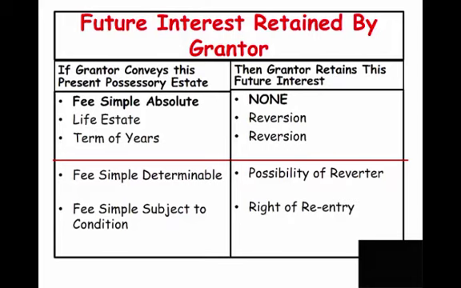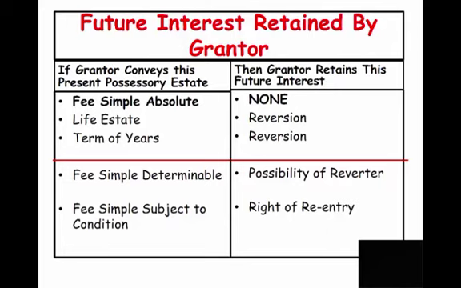A reversion is an interest that waits until the natural end of the preceding estate. In the case of a life estate, it's the holder of the life estate dying. In the case of a term of years, it's the term of years ending. And then, when the prior estate has reached its natural end, the reversion becomes possessory.